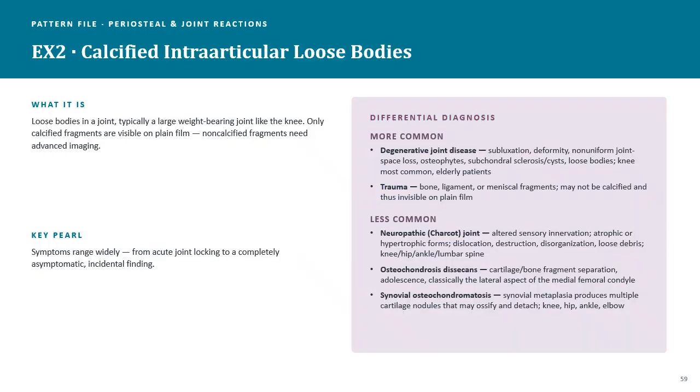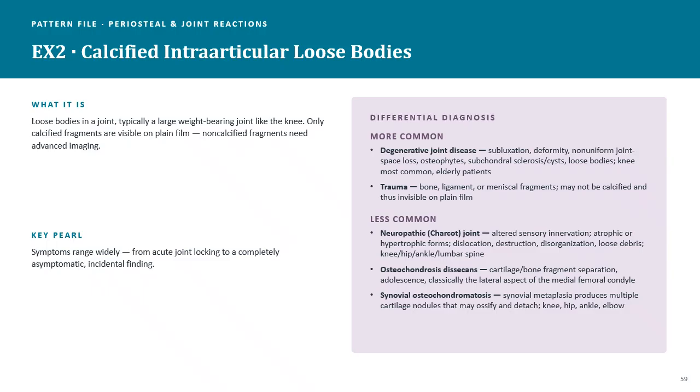Our next case file we're looking at is calcified intra-articular loose bodies. So there are small pieces of calcified material floating inside of the patient's joint. We often see this in some of our larger weight-bearing joints like the knee joint. When we're looking at the loose bodies, they can come from several things, as you can see here on the right side in the purple box.